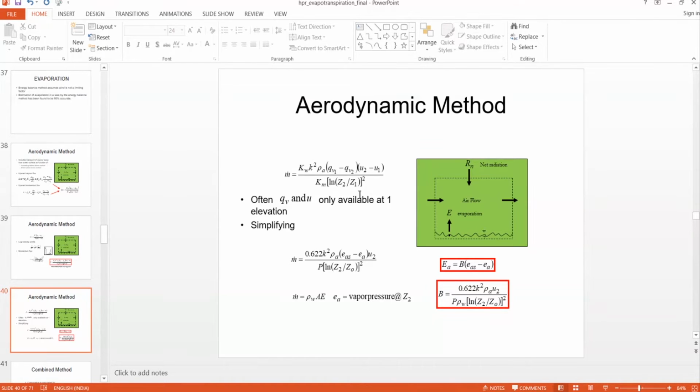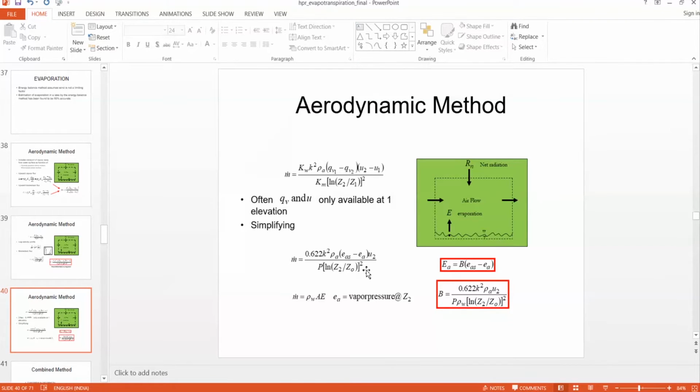Then we can substitute z1 equal to z0 and u1 equal to 0. Then we get this equation, and m dot is given as rho w A E, and A is nothing but 1 meter square. So we can directly get E as this equation divided by rho w.